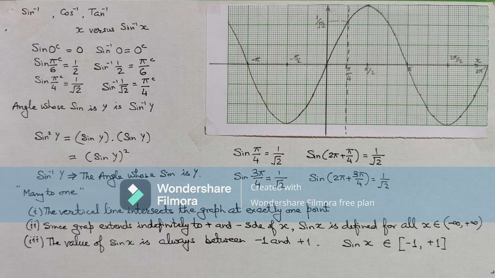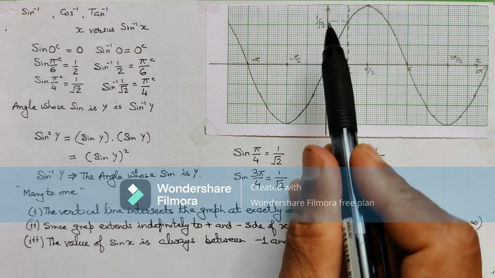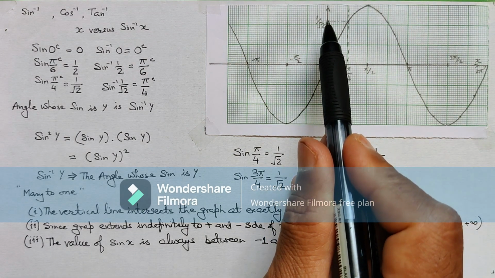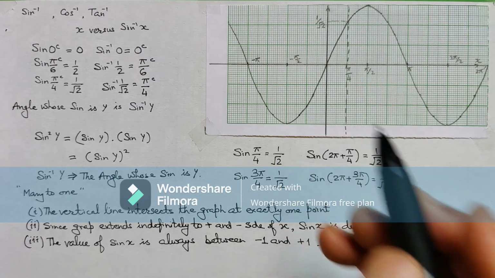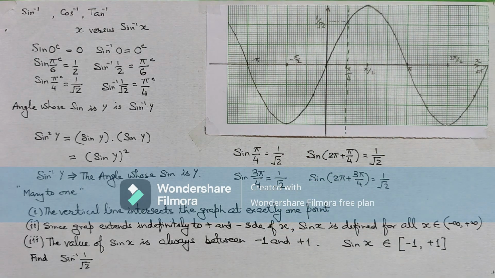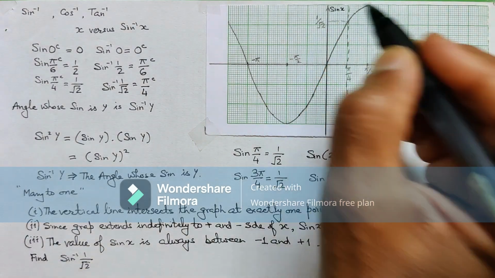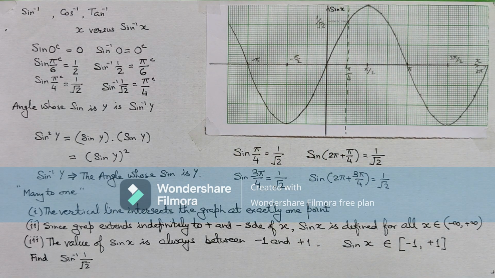Using the same graph, let us try the reverse. That is, find the angle whose sine is 1 by root 2, which is same as saying find sine inverse 1 by root 2. This time, since the value of sine of some angle is given as 1 by root 2 and we need to find the angle, so we start from the y-axis.